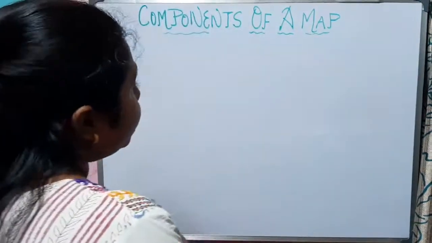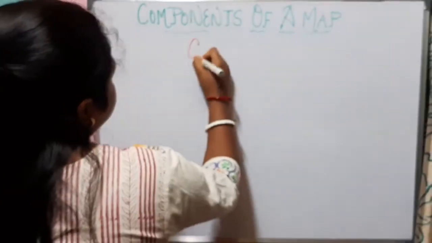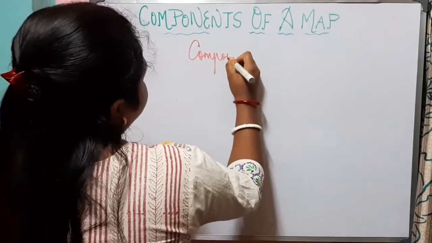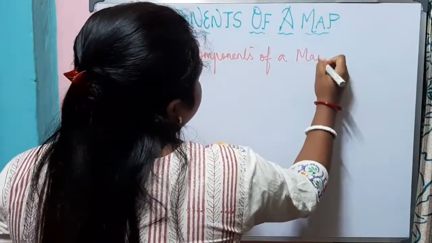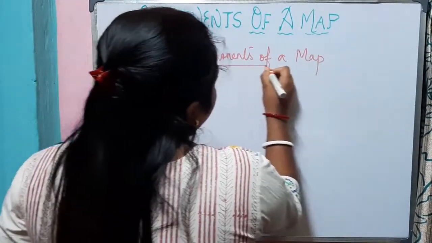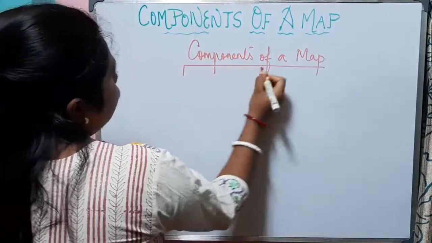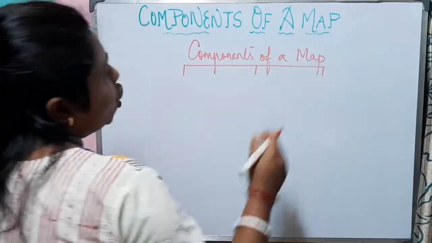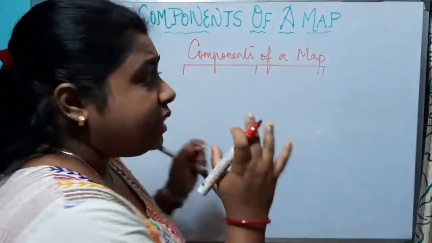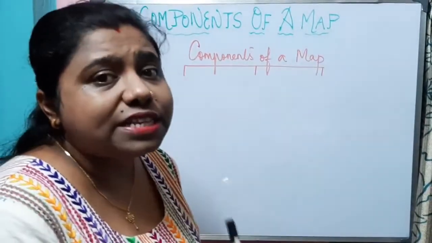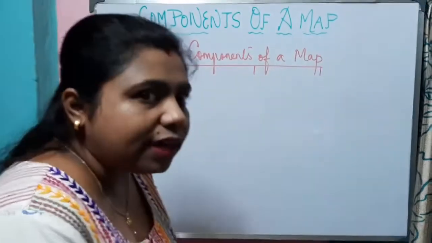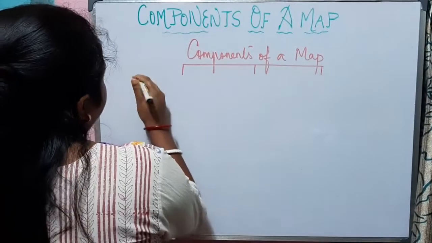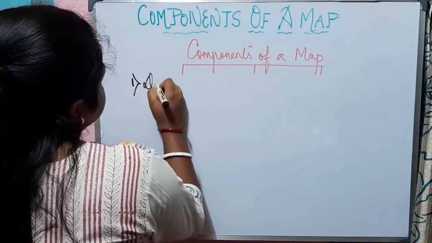Which are the components of a map? When you look at a map, you will notice these three components. In every map, these three components are always there. A map is not complete without these three components. What are these components? Number one, distance.